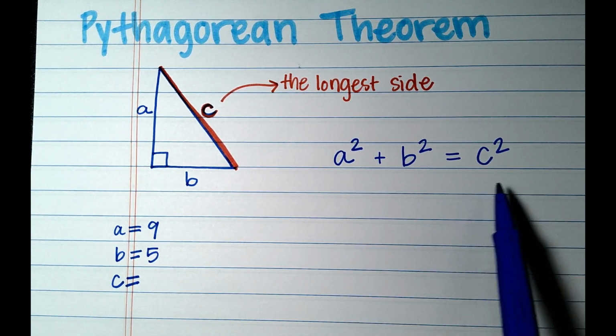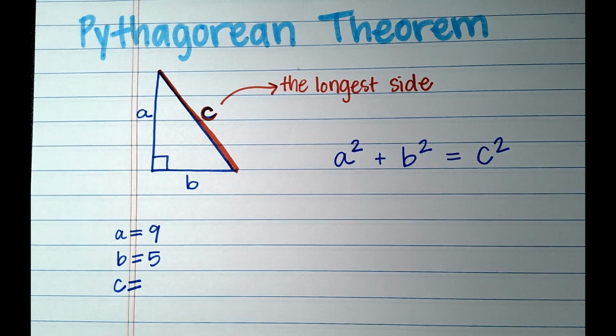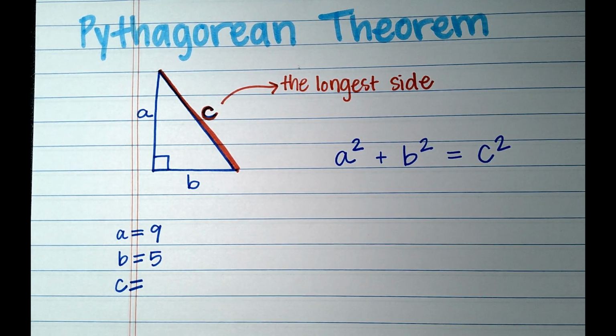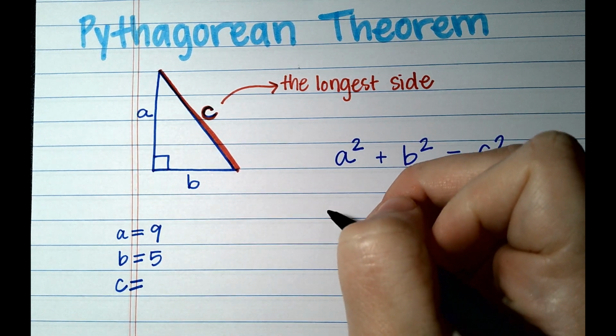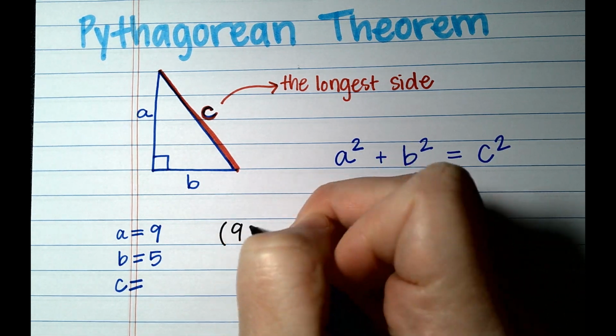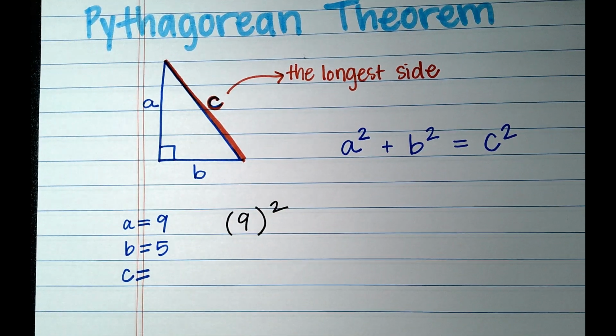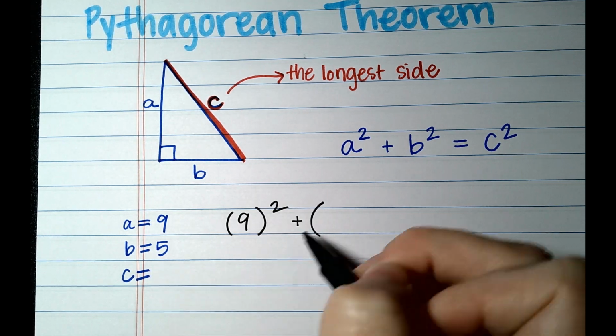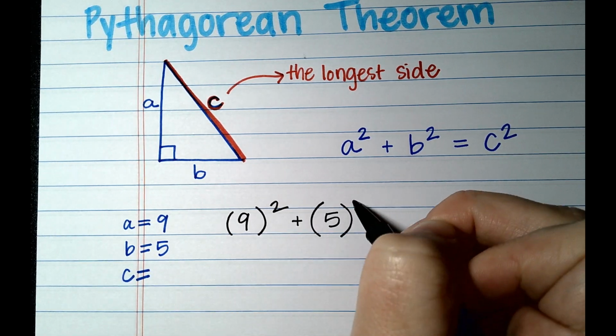So now that we have a formula, we want to plug these numbers in to the letters we've given them. So instead of A squared, we're gonna write 9 squared, plus B is 5, so 5 squared.